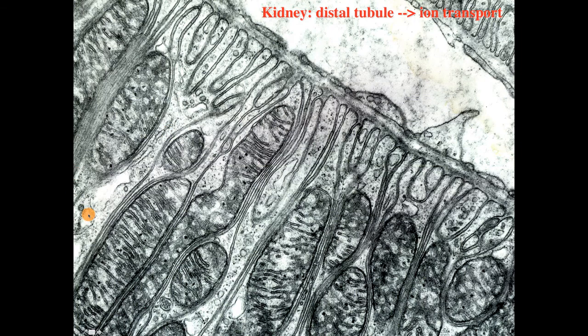And this is a very characteristic appearance of cells that are involved in active transport. Wherever you have active transport, you're going to tend to have a lot of mitochondria associated with membranes. You'll discuss this in physiology. We'll talk about this as we go through some of the different organs later in our course.